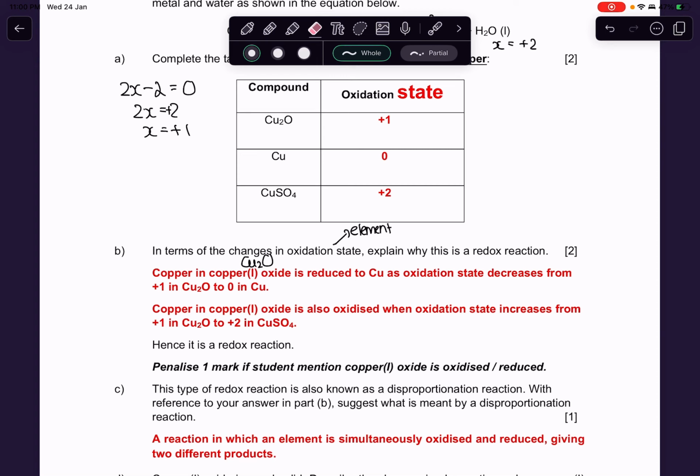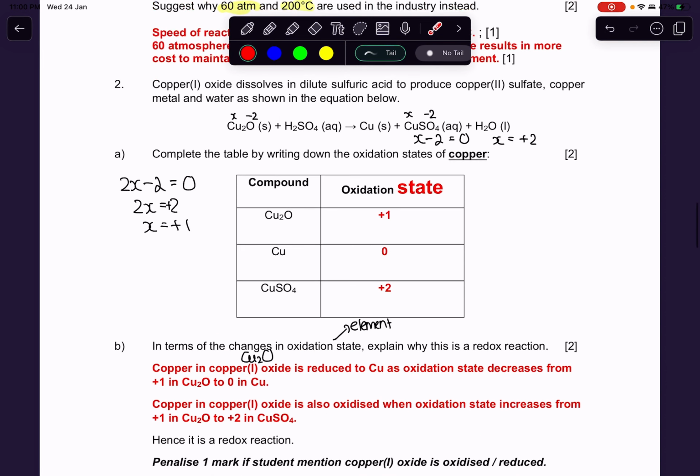Next, copper in copper 1 oxide is also oxidized when the OS of copper increases from +1 in Cu2O to +2 in CuSO4. So in this case, they are looking at the reactant, copper 1 oxide.